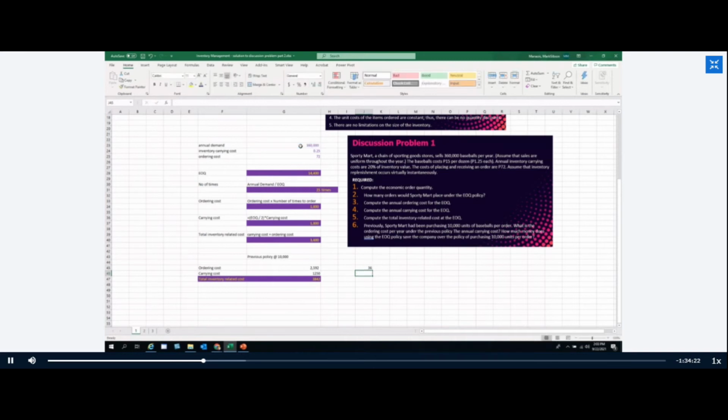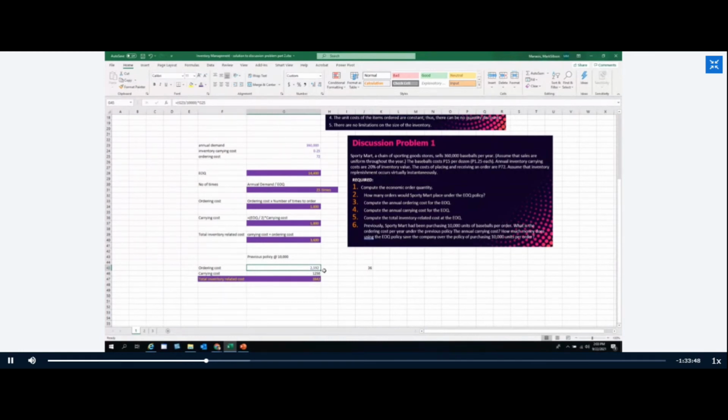Dahil nag-o-order si Sporty Mart ng 10,000 units every time nag-o-order siya, to serve the annual demand for baseballs na 360,000, ilang beses siya dapat umorder? So, ang sagot 36 times 'no. So, to get the ordering cost, 36 multiplied by 72. So, that's 2,592, alright?